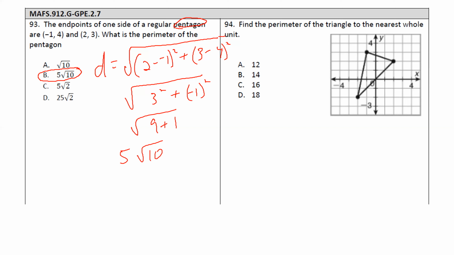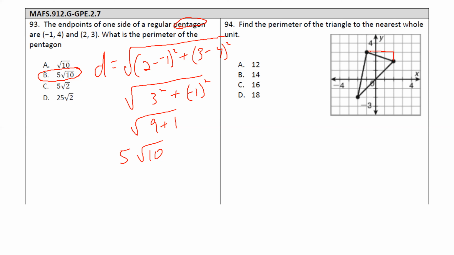Find the perimeter of the triangle to the nearest whole unit. So on here, we want the lengths of these 3 pieces. There's no real easy way to do that, but whether you look at Pythagorean theorem or distance, either one works.